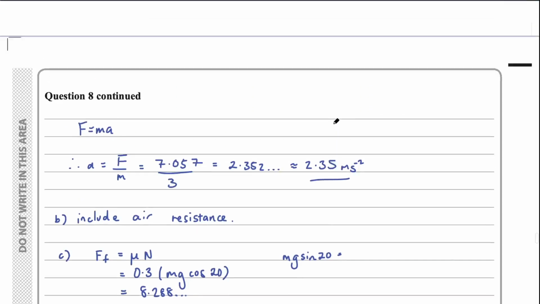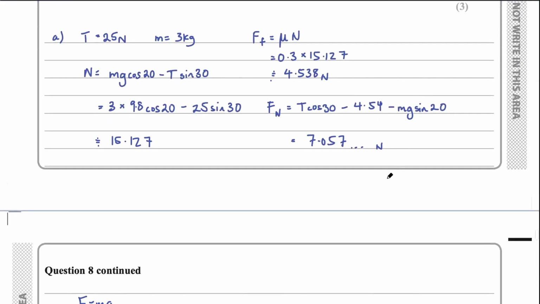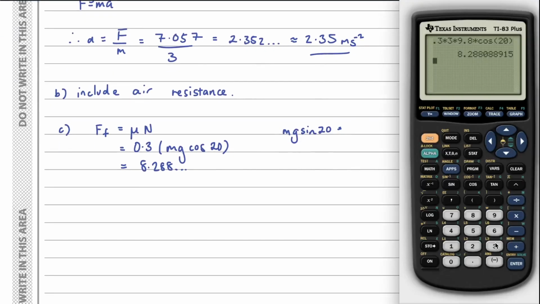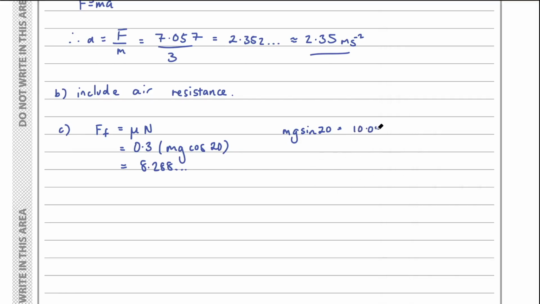And I think we worked that out before. Oh no, we didn't. So let's just go ahead and get a number for that. mg sine 20. This is 10.055, etc. Okay, so we can see that that force pulling down the slope is greater than the frictional force.